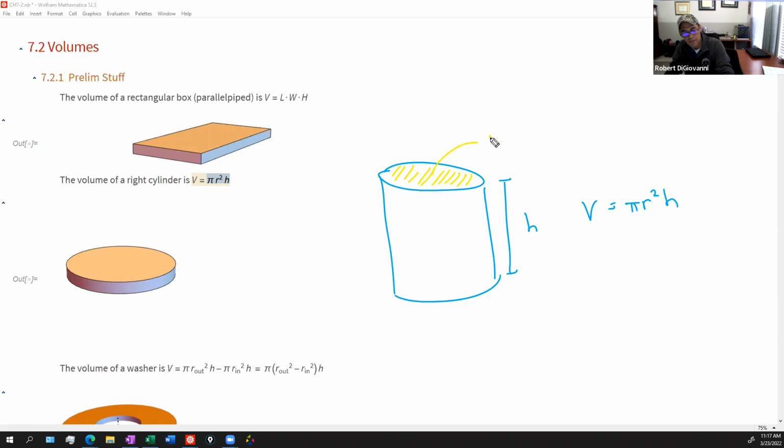And we know the area of that is pi r squared, right? So the formula is really taking the area of the circle and multiplying it times the depth of the cylinder. And that gives you the volume. Does it make sense to you that it should be that? It's just that surface area on top multiplied by the depth, and that gives you the total volume. Good? Those two geometric objects.